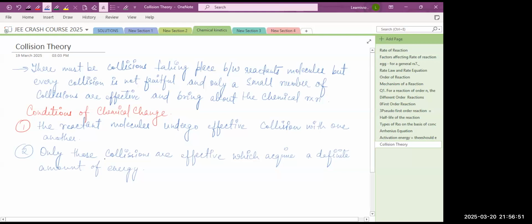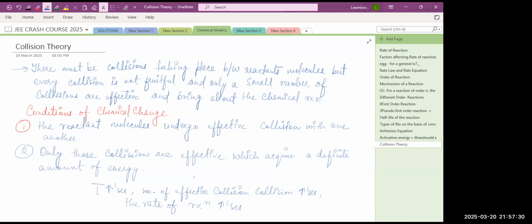As the temperature increases, the number of effective collisions will increase, and as a result the rate of reaction also increases with a small rise in temperature. So that's all for collision theory, and here the chapter completes.